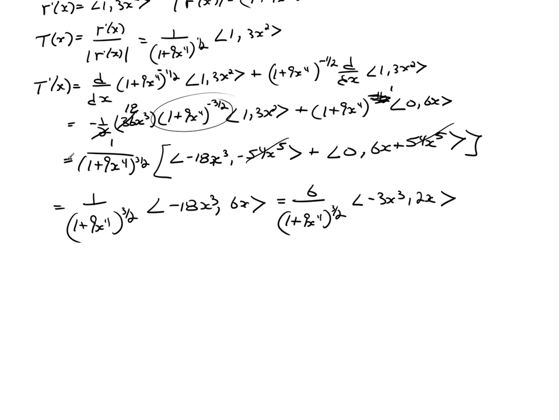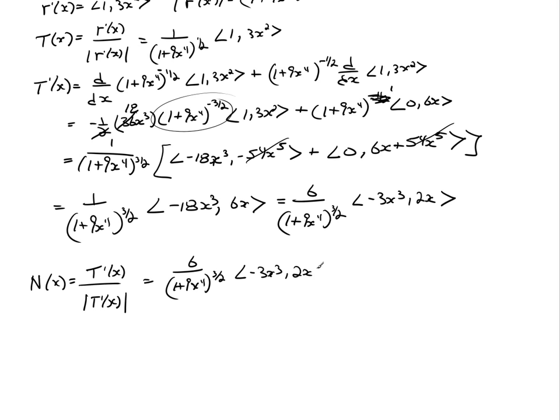Okay, so I need the magnitude of this because where I'm heading is, remember, N of x is going to be T prime of x over the magnitude of T prime of x. So T prime of x will give me 6 over (1 plus 9x to the 4th) to the 3/2 times this vector, negative 3x cubed, 2x, divided by the magnitude of this.